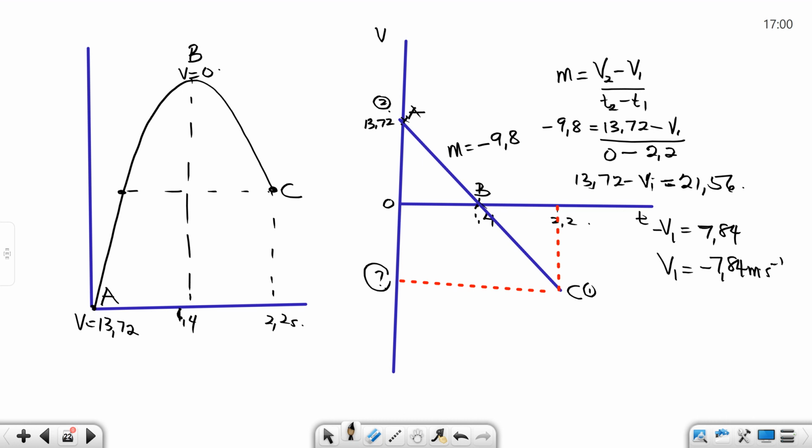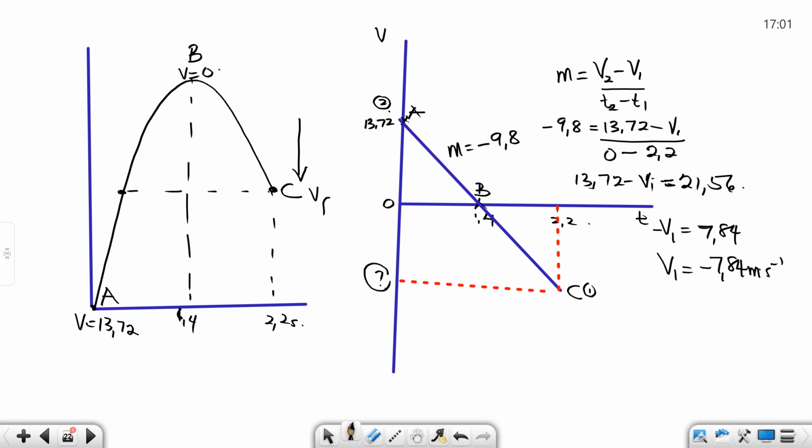Okay. Where is point C? The object is now coming where? Down. I want us to quickly use equations of motion to get that done. All right, let's use equations of motion quickly.